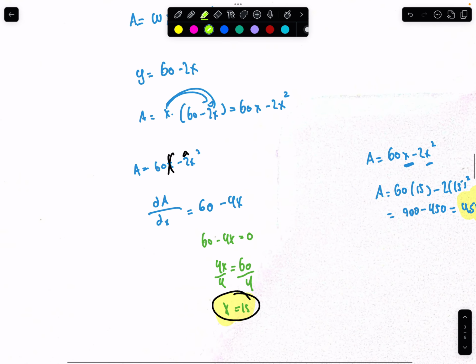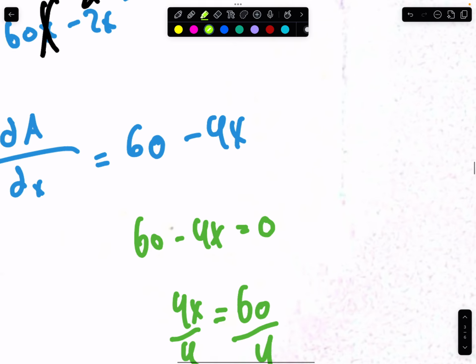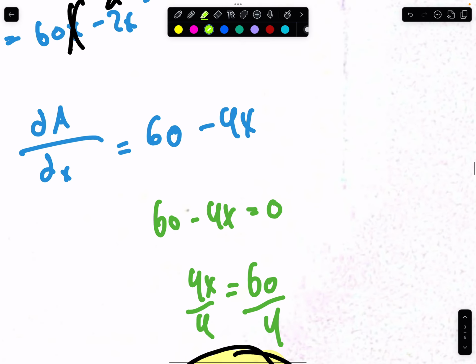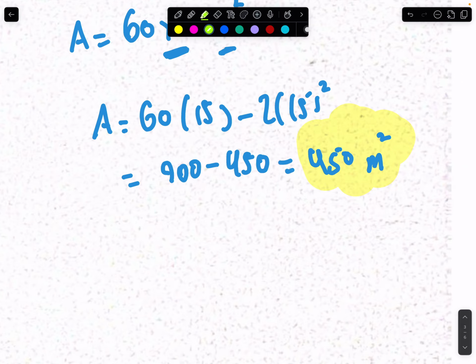Replace one variable, take the derivative and set it equal to 0, just what I did here, to find the maximum or minimum, and always double check by plugging your value back into the area formula.